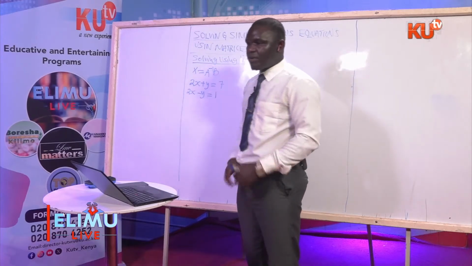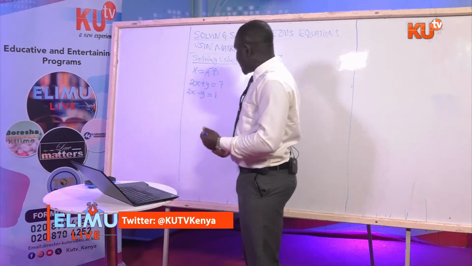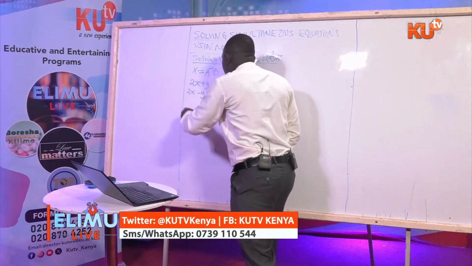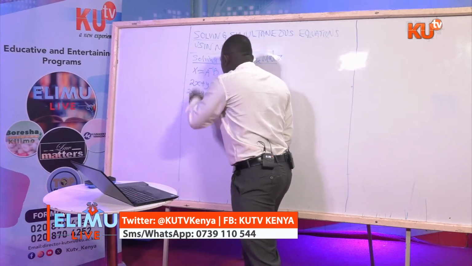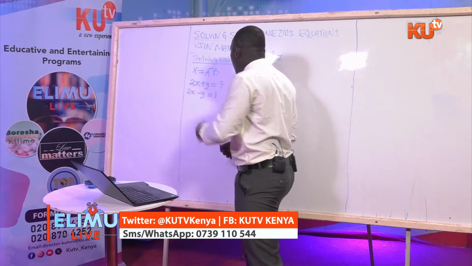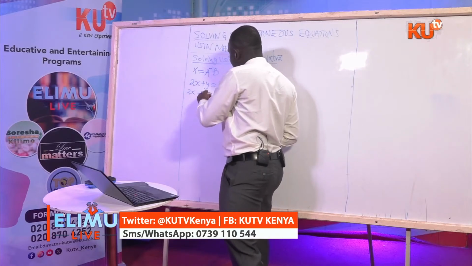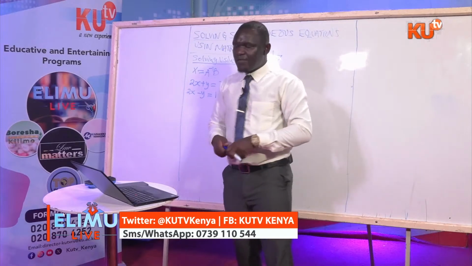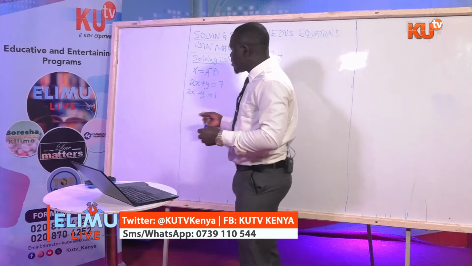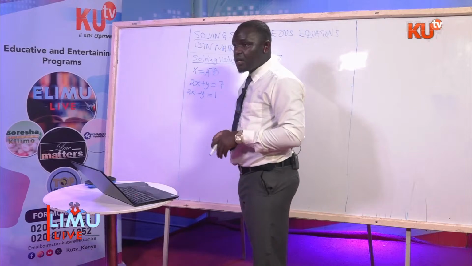The x's are all in one column, the y's are always in one column, and all my constants are on the other side of the equal sign. After that confirmation, I can now put the coefficients in one matrix.